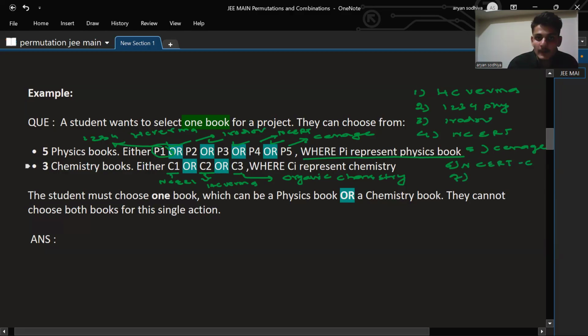If I select SC Verma of chemistry, if it exists, then it is one way. And if I select the organic chemistry, so there are eight ways total. I would add all of them. So there are eight ways of selecting one book out of the eight books because "or" is written.